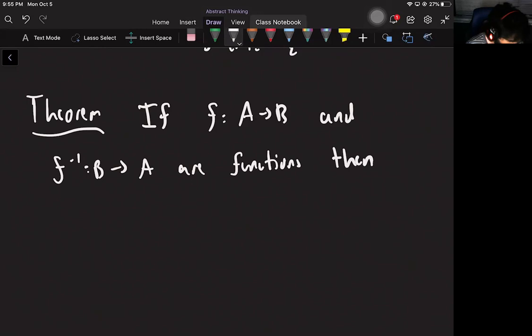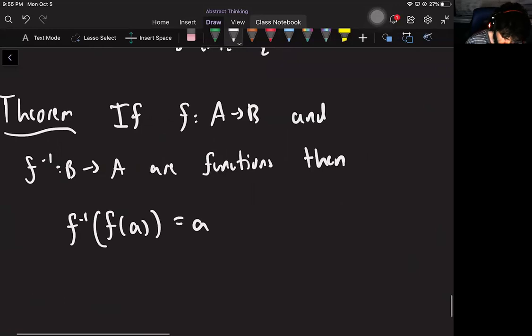Then the other way to think about the inverse is that it undoes the function. If I plug an element of A into f and then plug that result into the inverse, it's just going to take me back to A, because I'm sending it over to B and then right back to where it came from.